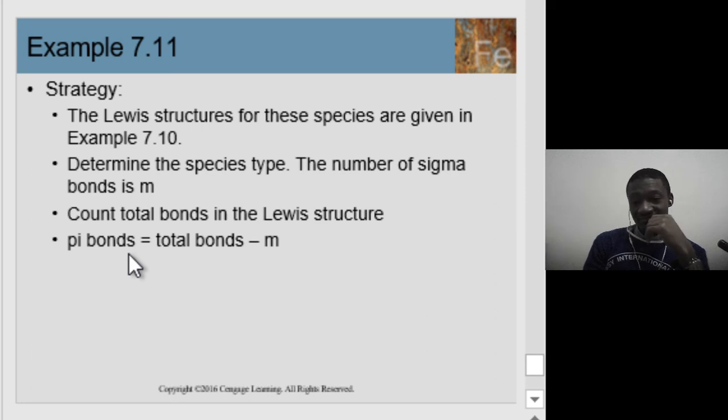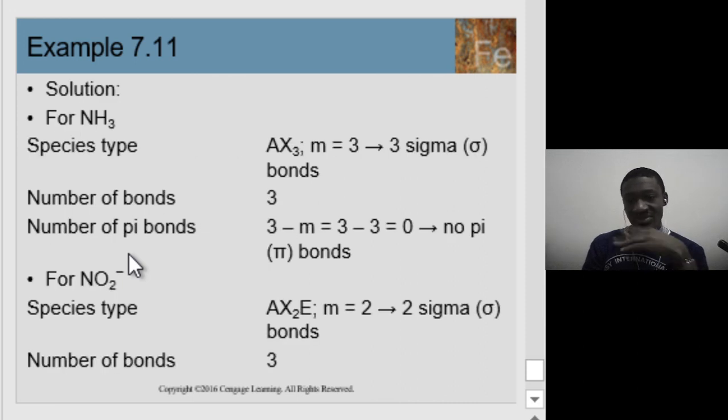We're almost done. So the Lewis structure for the species given: you have NH3. So already you have 3 sigma bonds, and no pi bond. There's no pi bond. 3 sigma bonds, no pi bond for the first.